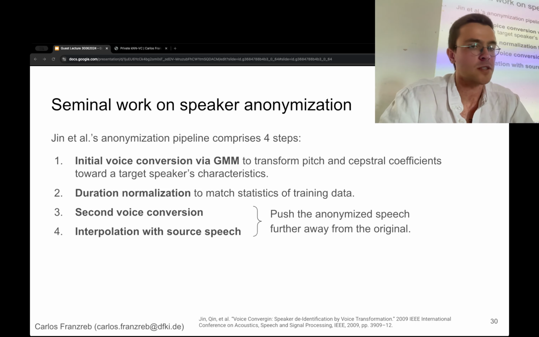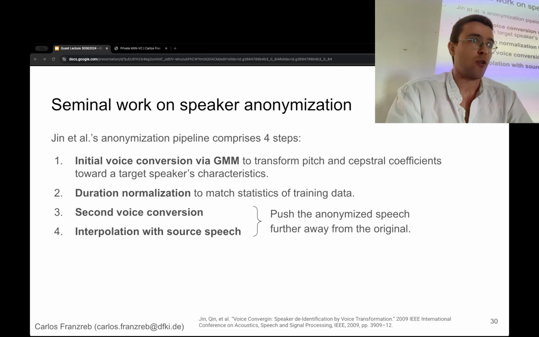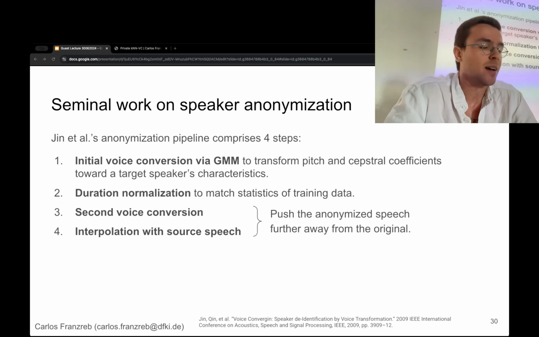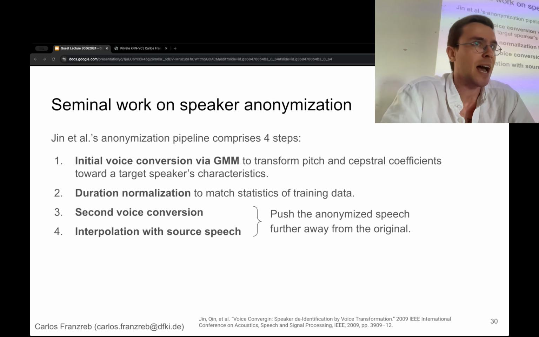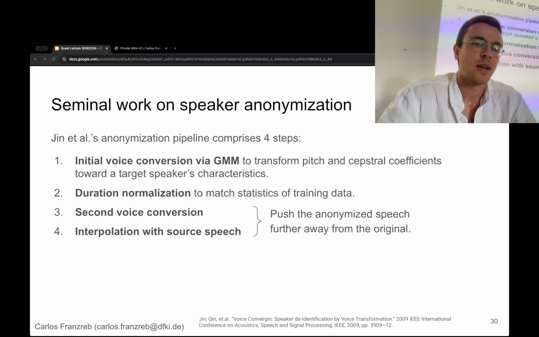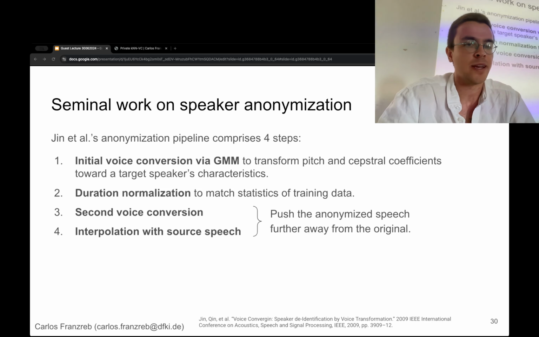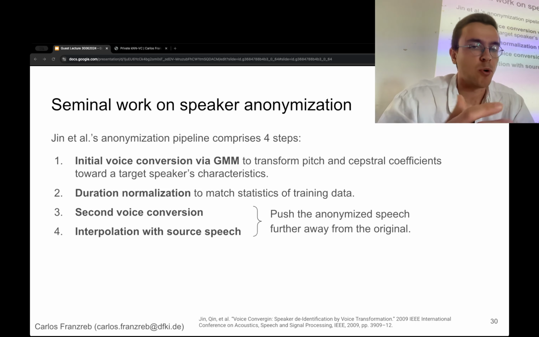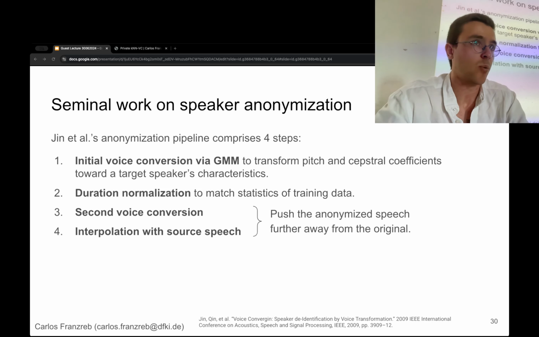Step 2 consists of normalizing the durations of the phones. The phone is like a character in the alphabet, the smallest unit in speech. And then the last step includes some interpolation, and the purpose of it is to keep pushing the anonymized speech further away from the original.